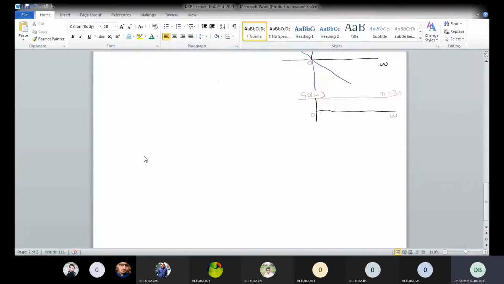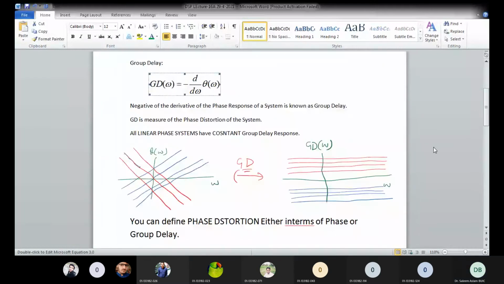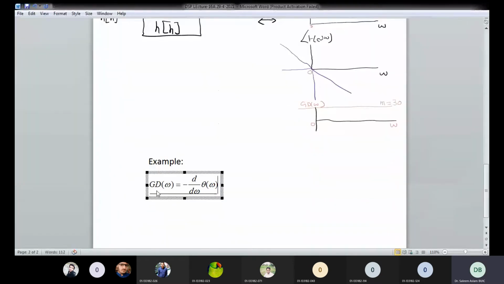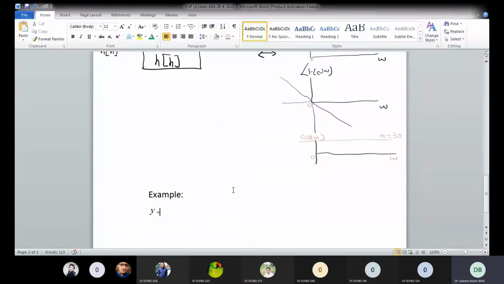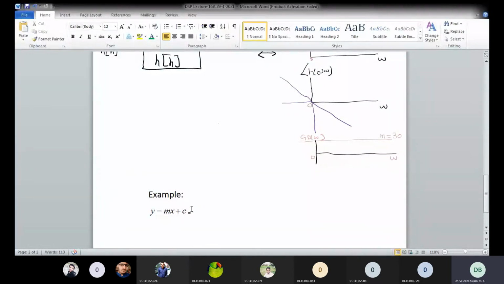Let me first give you an example. अगर बेटा आपके पास ये हो y is equal to mx plus c, so what would be the value of the derivative?